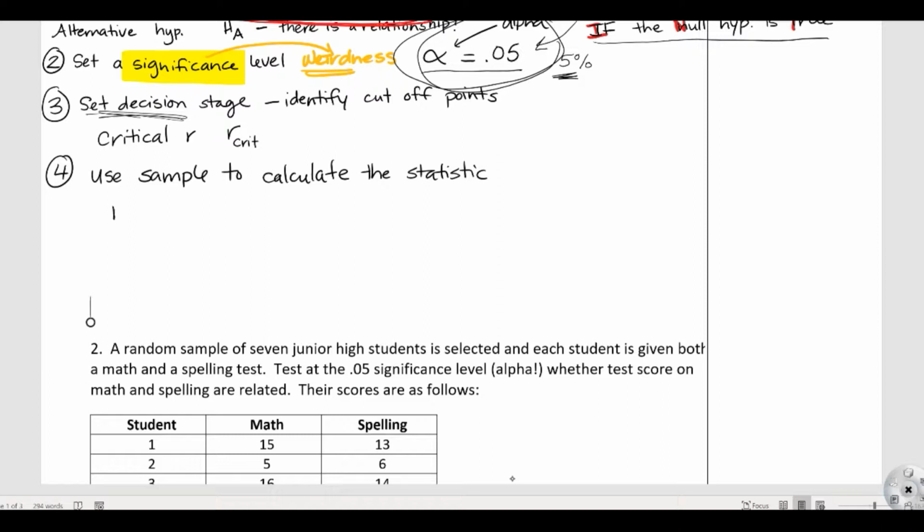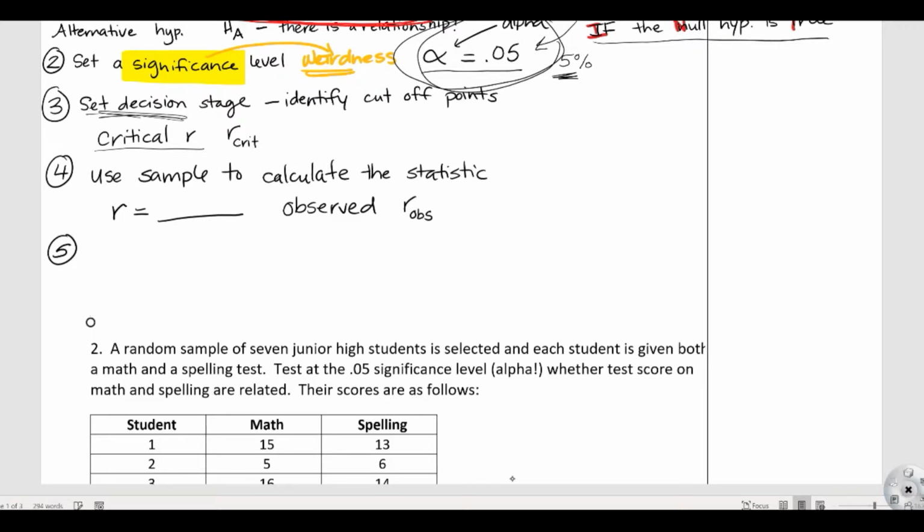In our case, we're going to calculate an R value because we're looking at correlation. So we would calculate, okay, our sample has an R of something. And usually we call this the observed R, just to keep things straight, not to confuse it with the critical R. Critical R sets the boundary of where we're going to decide to reject the null hypothesis or not reject the null hypothesis. The observed R, which is typically written as R observed, is the R that goes with our actual sample.